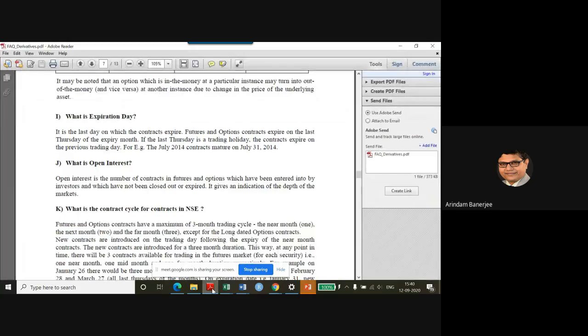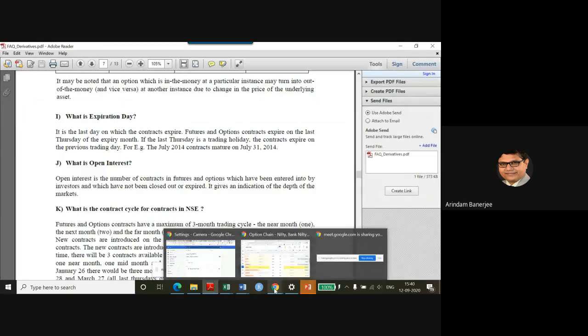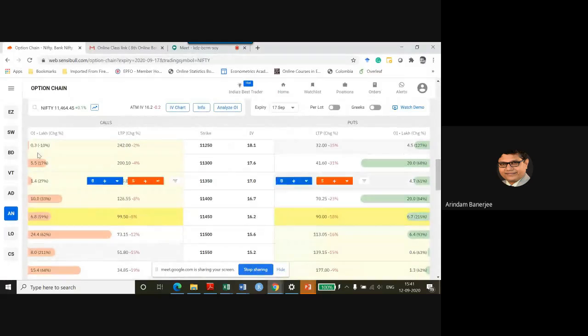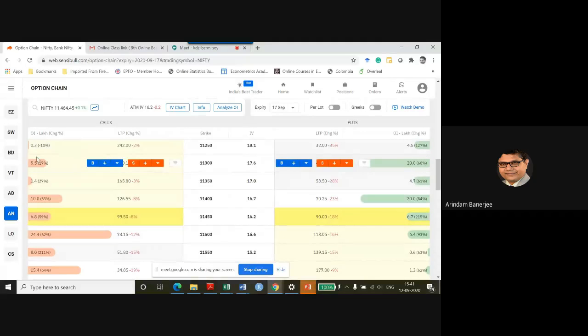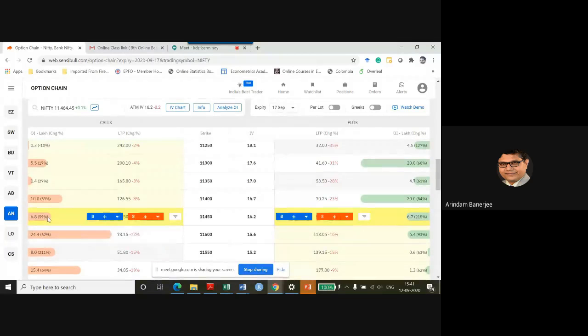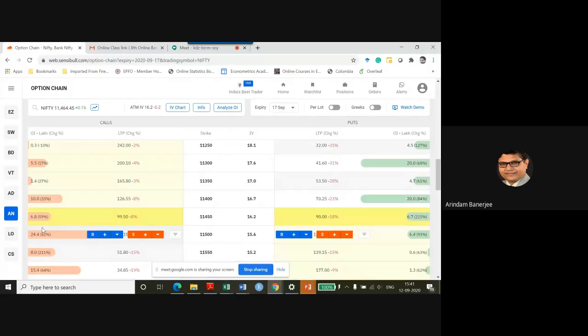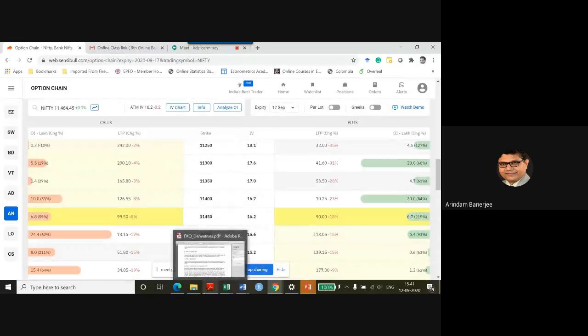So this first column is open interest. Open interest is the total number of contracts which are open. This is the open interest at the time of closing of the market yesterday on Friday.